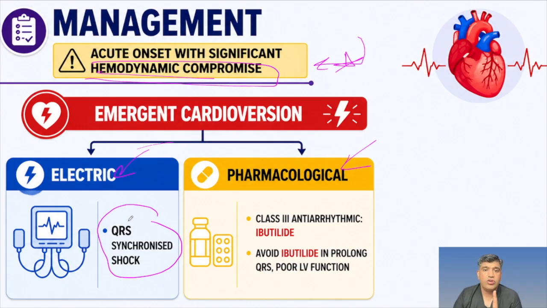The answer is not only shock, it is QRS synchronized shock. Pharmacologically, cardioversion can be done with a class 3 antiarrhythmic, ibutilide. One thing is important: we have to avoid ibutilide in patients with prolonged QRS and poor LV function.